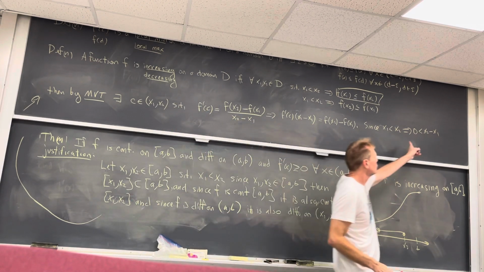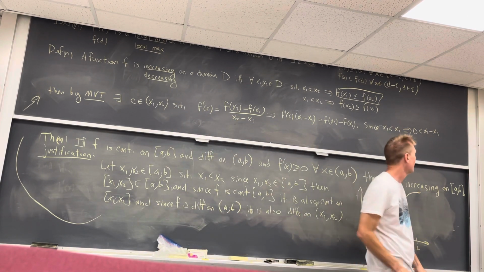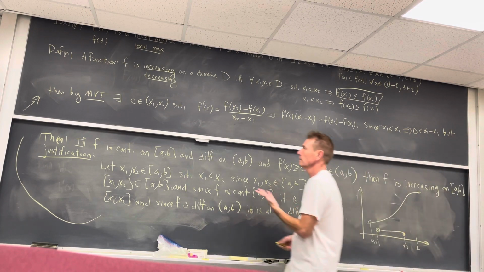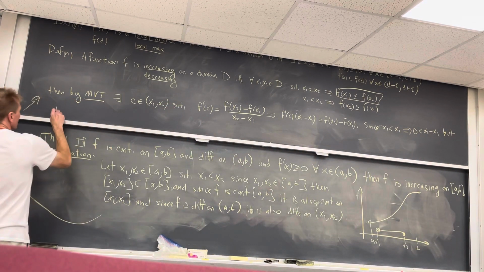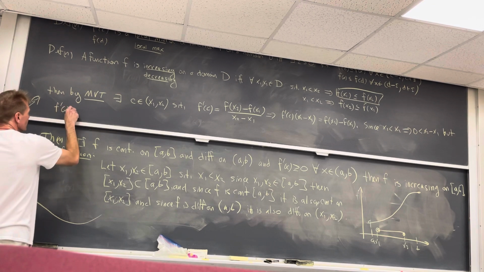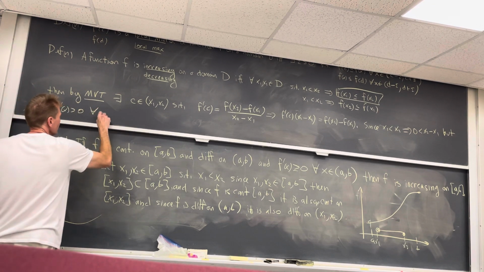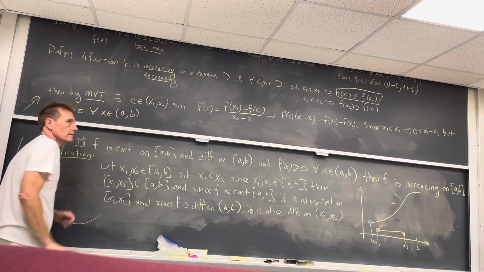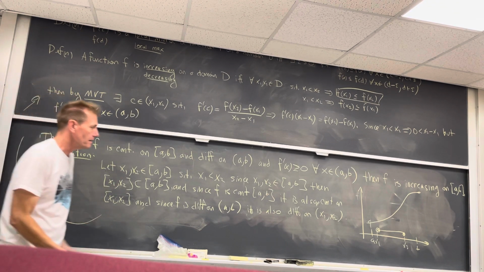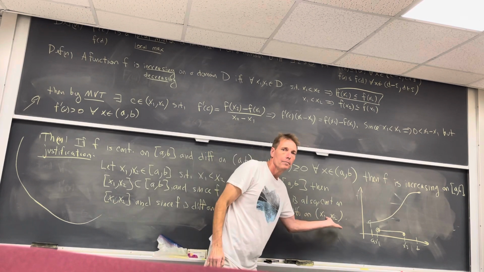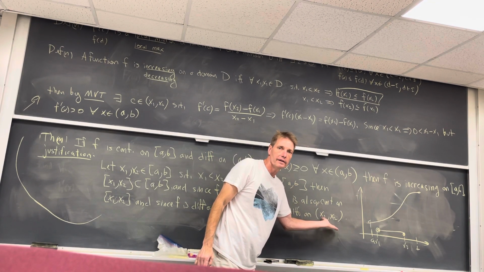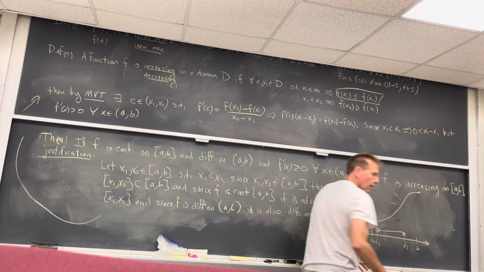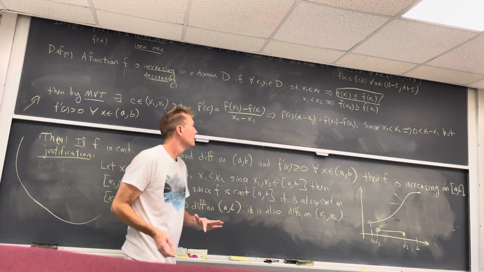So I know that x2 minus x1 is greater than 0. But f prime of x is greater than 0 for every x that's an element of the open interval AB. But the open interval x1 and x2 is a subset of AB.